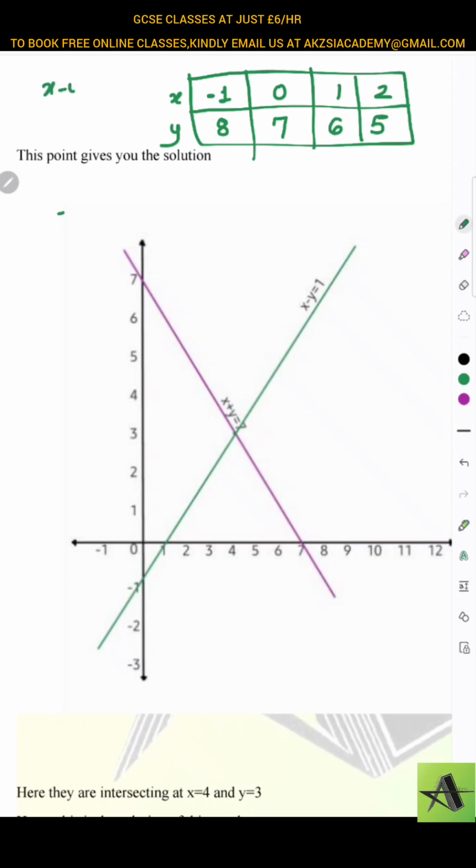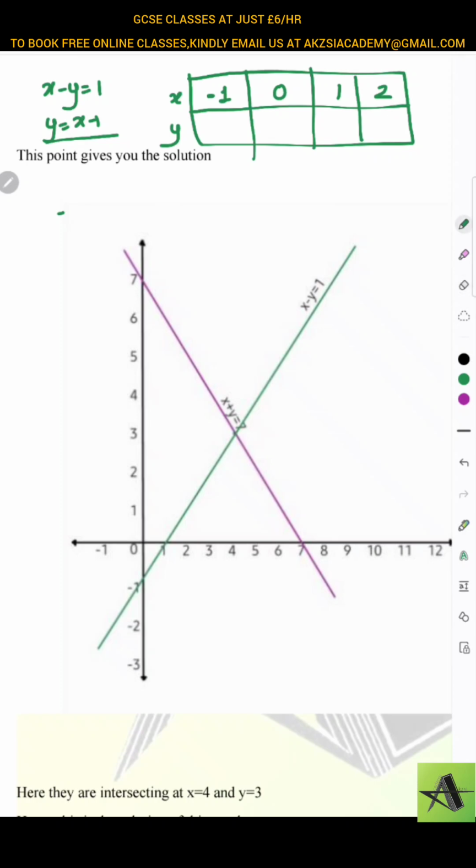So x minus y equals 1. Let me make y the subject. It will become 1 minus x if I rearrange it, so it will give me y equals x minus 1. Now doing the same, I'm taking the same -1, 0, 1, 2, but the value of y will change obviously.